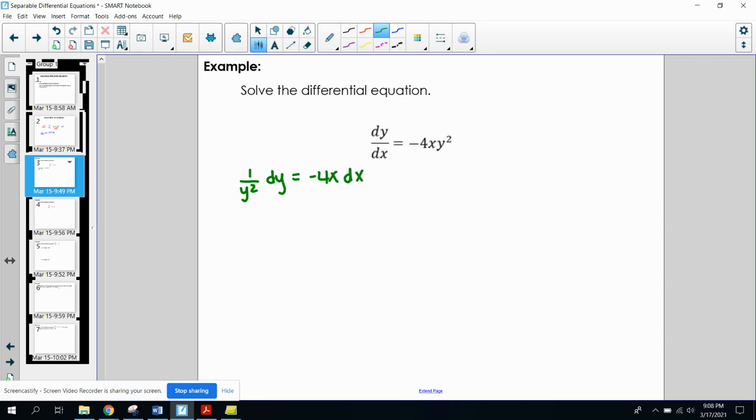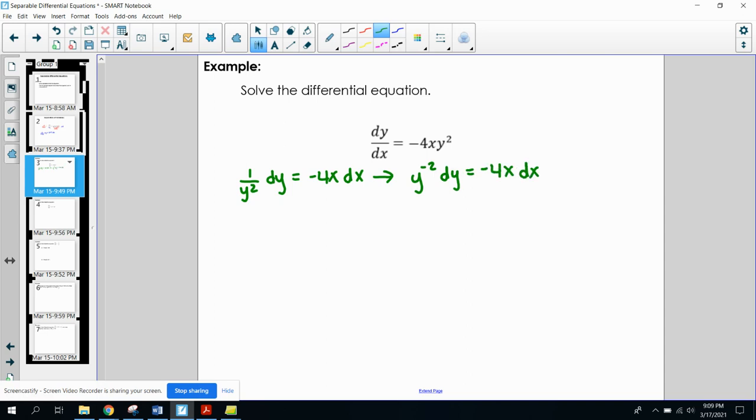I just did the same method as in the previous slide. Instead of showing the actual division, I'm just dividing on the left and multiplying by dx on the right. From here, I'm going to rewrite it so it's easier to work with. Instead of 1 over y squared, I'll write y to the negative 2 dy, and that's equal to negative 4x dx.